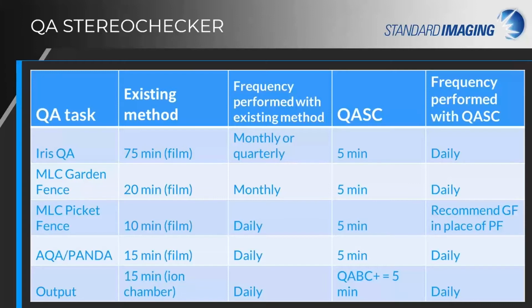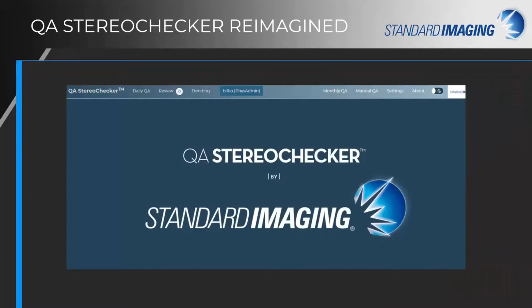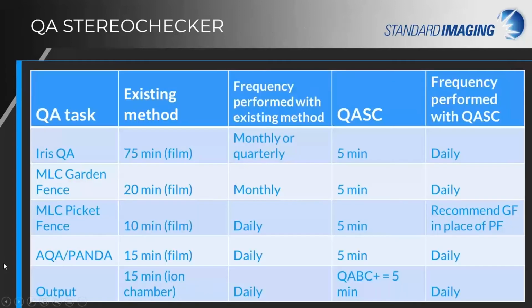Each of these tests take the same amount of time to run on the machine, so why settle for qualitative when you can get quantitative data by running the garden fence test daily with the QA StereoChecker? Knowing the MLCs pass those 4 test criteria is surely a great way to start the day's treatments with the highest level of confidence.